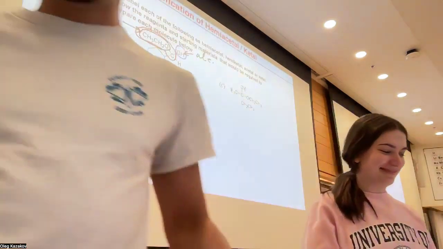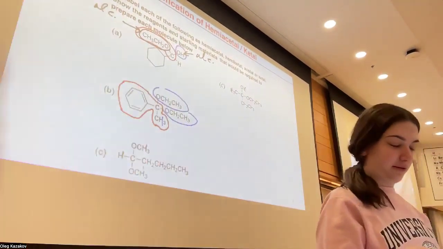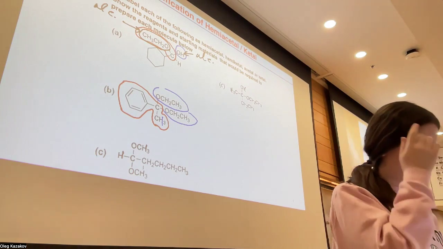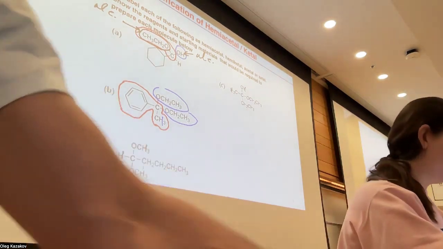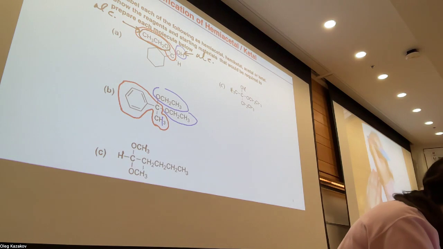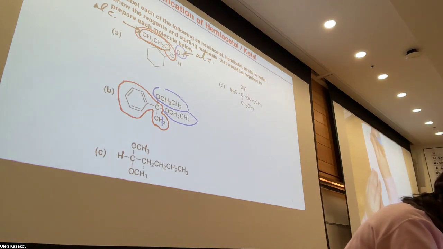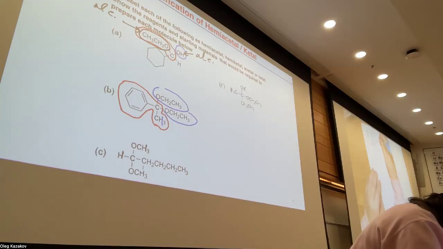All right. So let's see what's going on with those hemiketals. If we count the carbons, it looks like indeed we have 5 carbons in the ketone and we have 3 carbons in the alcohol.